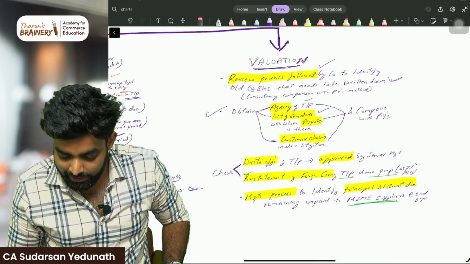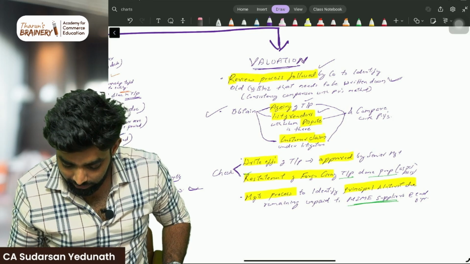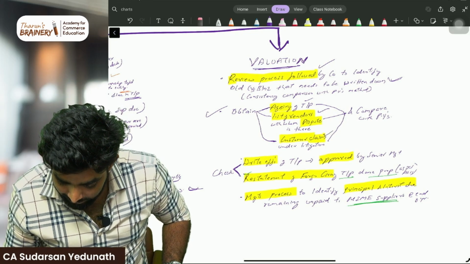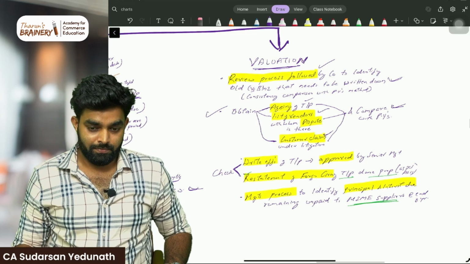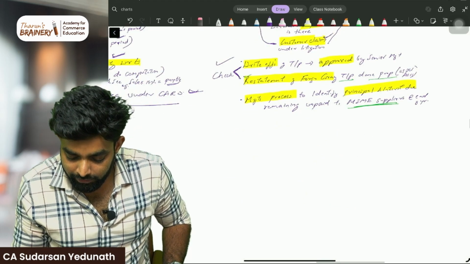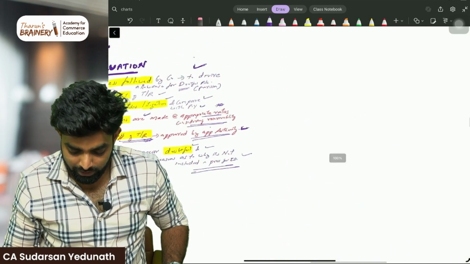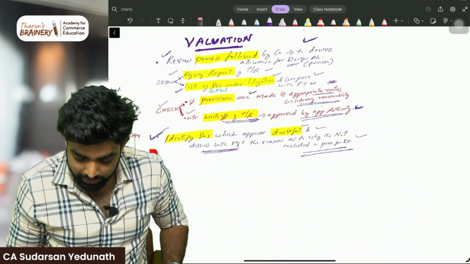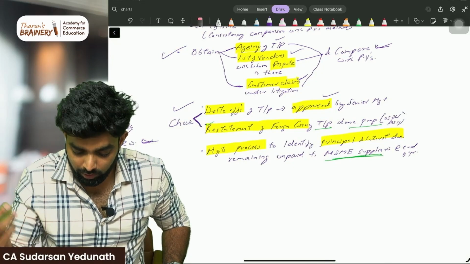Obtain a list of vendors with whom dispute is there, same as litigation. Obtain customer claims under litigation, same thing, and compare with the previous year. Then check the write-off of trade receivable is as approved by senior management. Same point here also. Check whether write-off is approved by the proper authority.